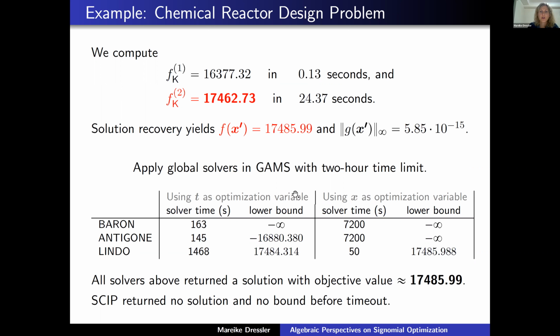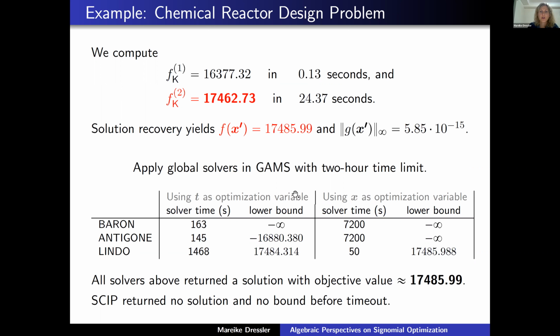So we enforced a 2-hour time limit, and SCIP was not able to return a solution, and also no bound before this time was out, in both parameterizations, so in the optimization variable t or also x. And all other solvers return a solution with objective value roughly what we also found. And the times and the lower bounds are noted here.